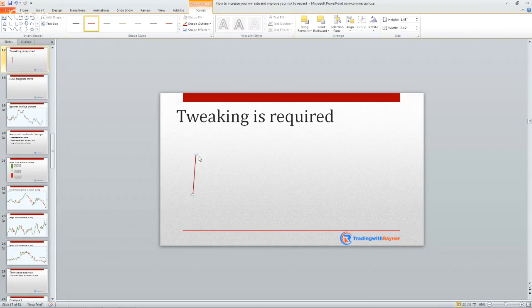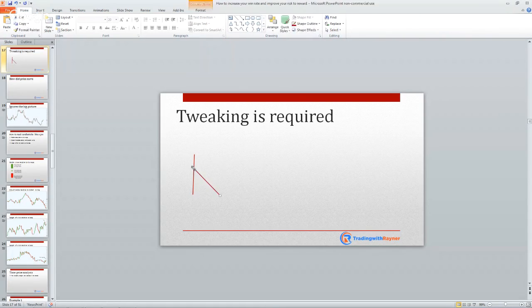So traditionally, if you trade candlestick patterns... I can't seem to get the pen tool out, so what I'll do instead is use this manner.